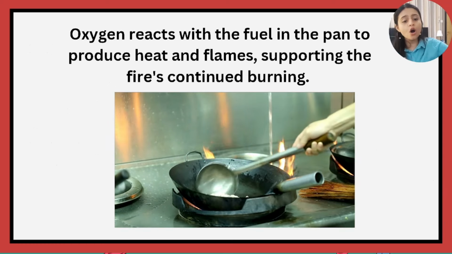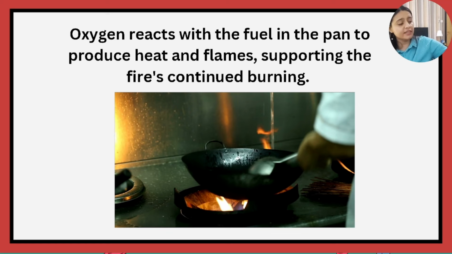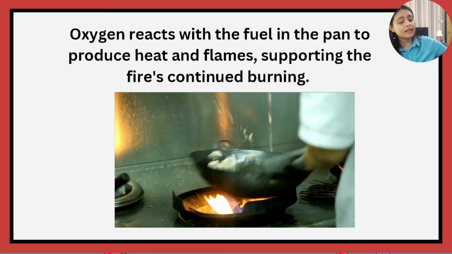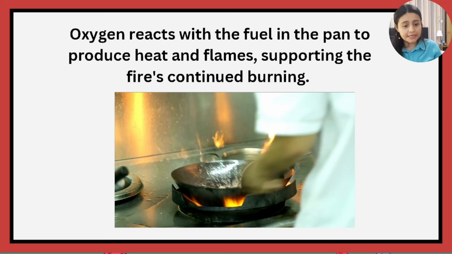You all have seen in the restaurant, in the hotel, the cook does like this, which you can see in this video, right? From where do these flames come? Is there any magic going on? No, this is oxygen. Oxygen reacts with the fuel in the pan to produce heat and flames.